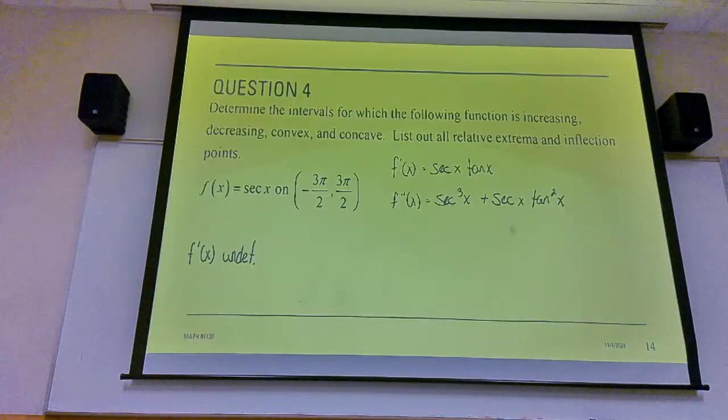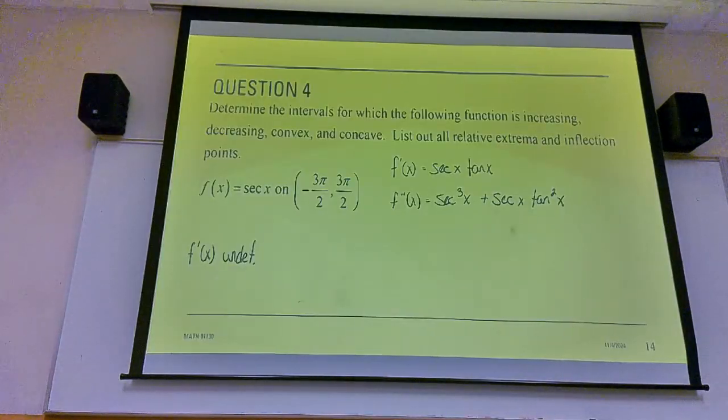Secant of pi would be 1 over negative 1. It has to be pi over 2, right? Or pi over 2, but those are the boundaries of our interval, and they're not included. So in this range, there's nowhere undefined.